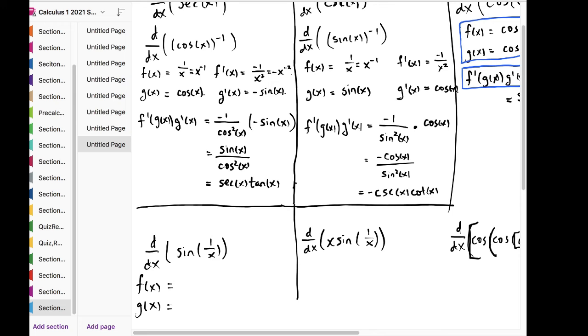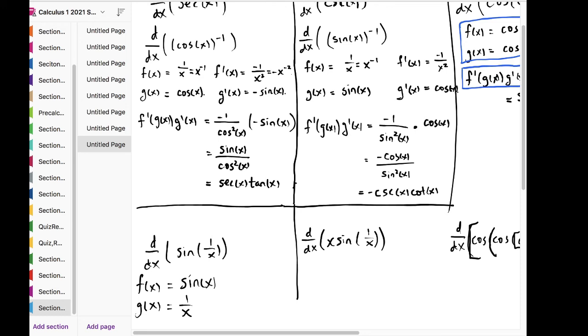Yeah, so by the composition, they look very similar. The f for this case is sine, and the g is 1 over x. But notice that your f and g swap.